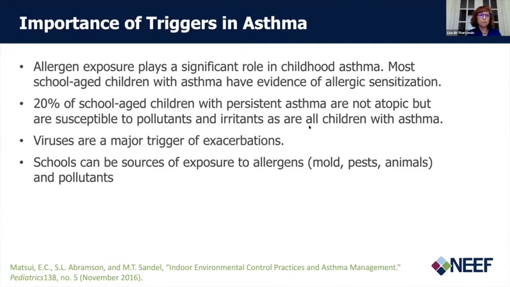Also remember, viruses are a major trigger of exacerbations. This time of year, we are getting into the flu season, of course, along with the continuation of COVID. Schools also can be a source of exposure to allergens, and I'm going to show you some illustrations of that in just a minute.